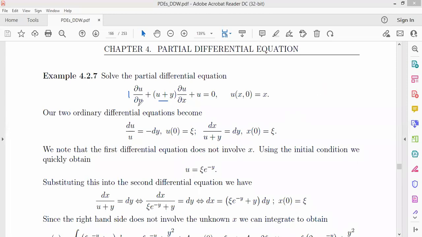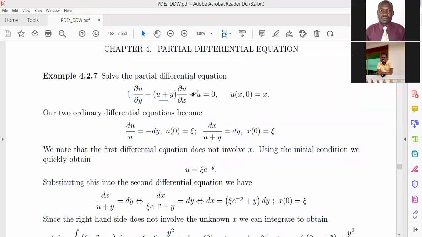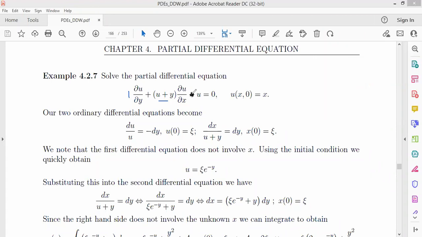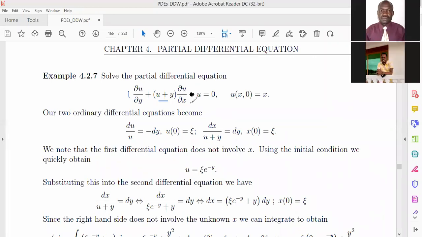I have dU, dY plus this plus that. If I take this one on the other side, it means this one goes away. This one goes away. So it becomes equal to minus U. I think you follow me there.